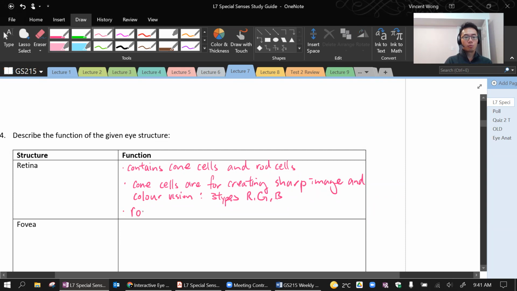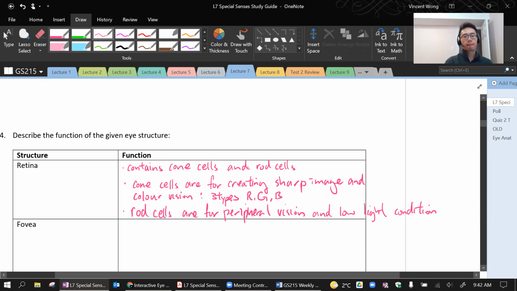Okay, rod cells. Rod cells are for peripheral vision and for low light condition.